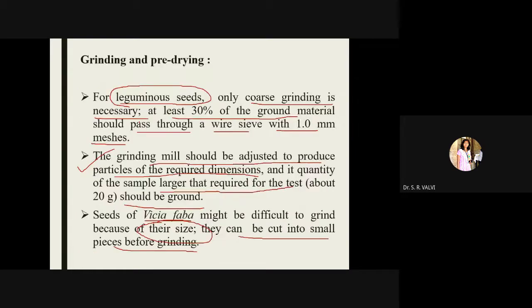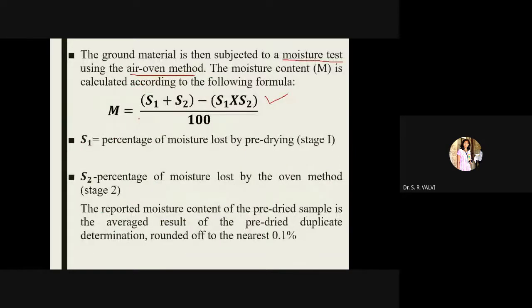And the next formula is used for ground seeds or pre-dried seeds. So here, S1 plus S2 in brackets, minus S1 into S2 in brackets, complete divided by 100. S1 is nothing but the percentage of moisture lost by pre-drying, so you have to mention it as S1.